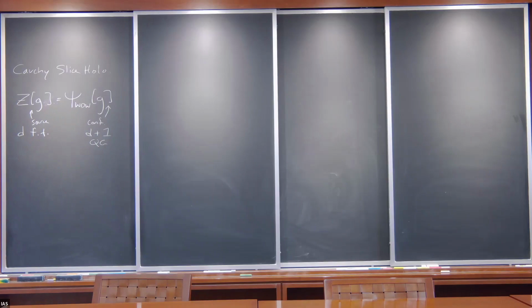So if you think about what you do with partition functions, what you like to do is define a stress tensor by differentiating. More precisely, it's a partition function of a quantum field theory.